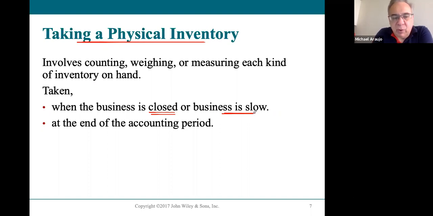They can work with the occasional customer that walks in, and in the meantime, while there's no customers in the store, they can be counting the inventory. It's always done at the end of the accounting period. So in our case, like I said, at least once a year, even for those with a perpetual system. But for those with a periodic system, they'll usually be doing it at the end of every month.